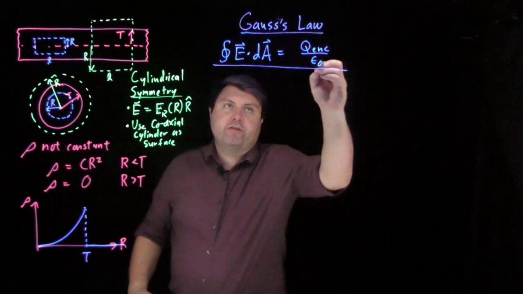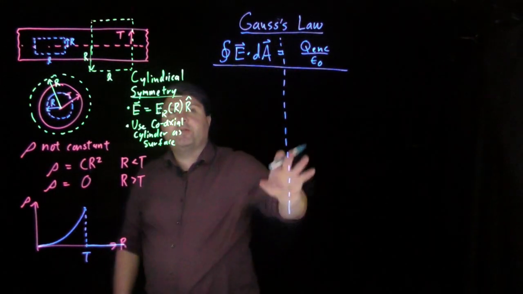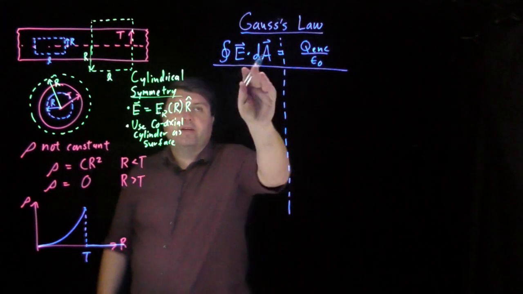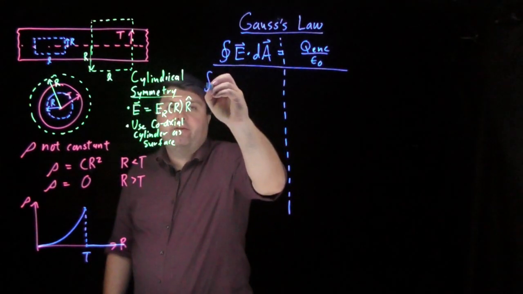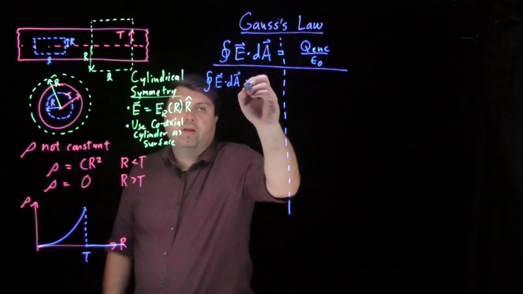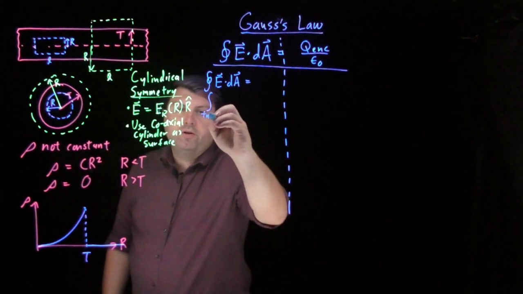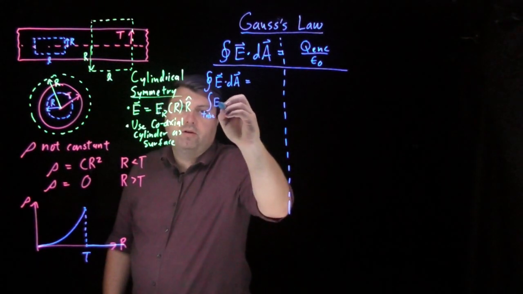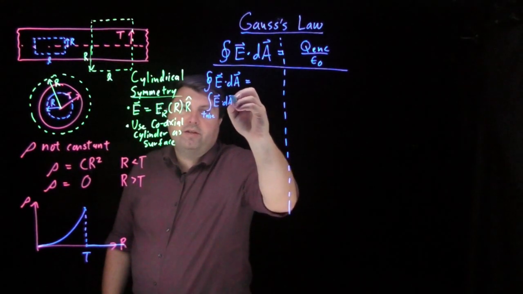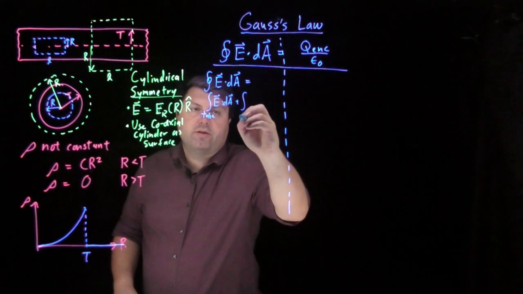So when we were doing Gauss's law, we kind of split this along the center between our left-hand side and right-hand side. So on this left-hand side, we have that our closed integral of E dot dA is equal to the integral over the tube of E dot dA plus the integral over each of these individual caps.